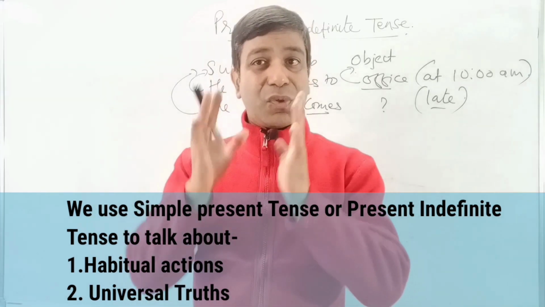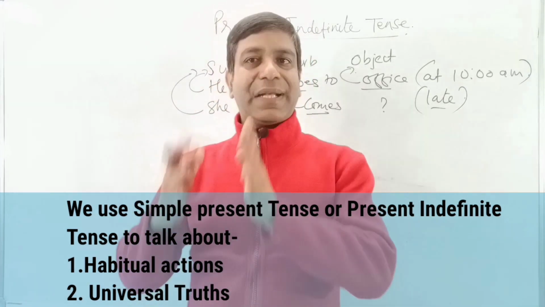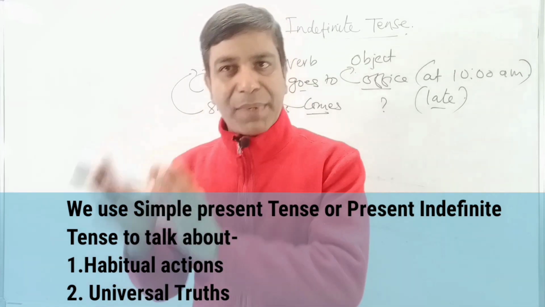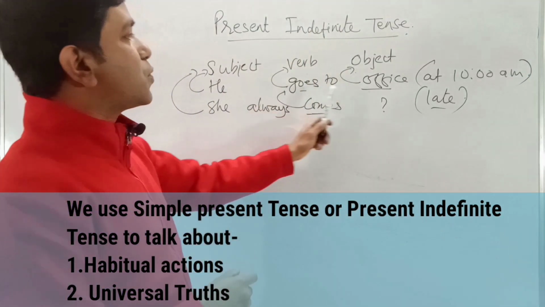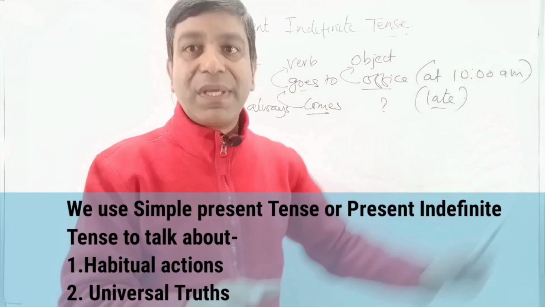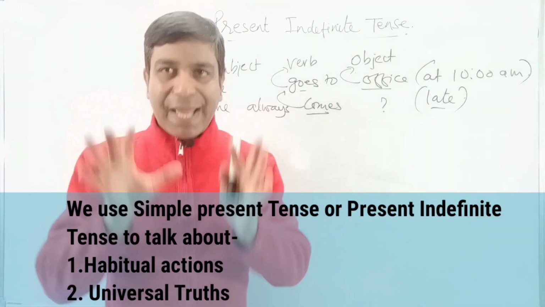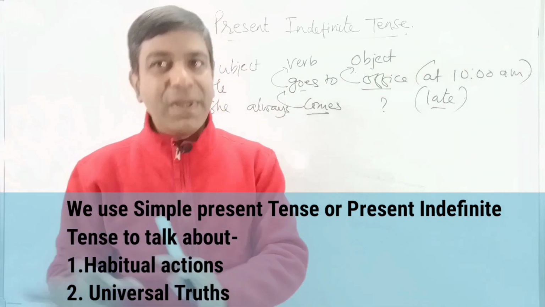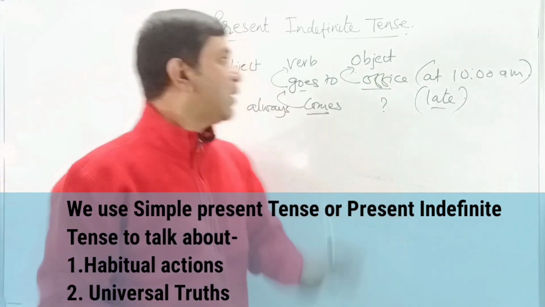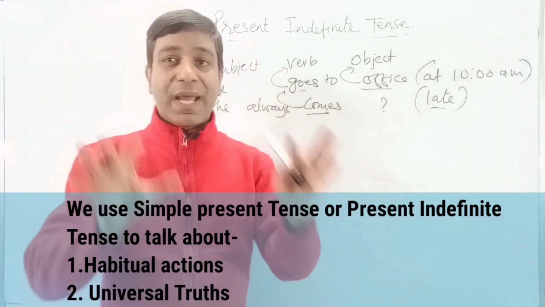That means those things, those actions that happen on a regular basis or a daily basis. For example, he goes to office at 10 a.m. It is a habitual action. Everybody goes to office at 10 a.m. and just like everybody, he also goes to office at 10 a.m.